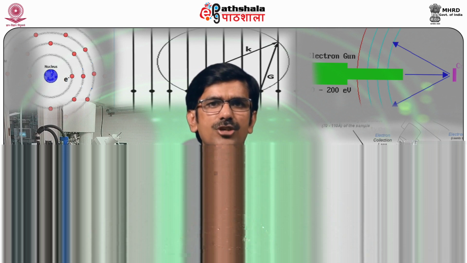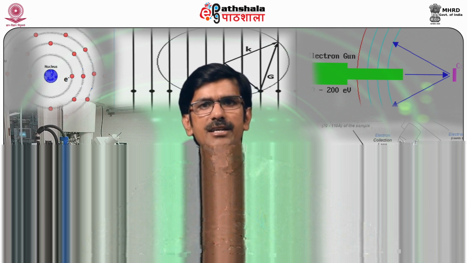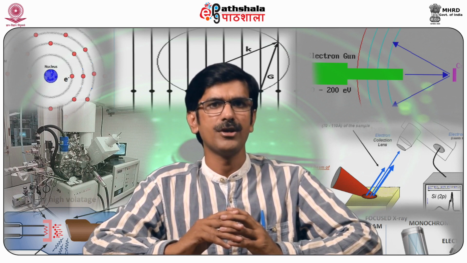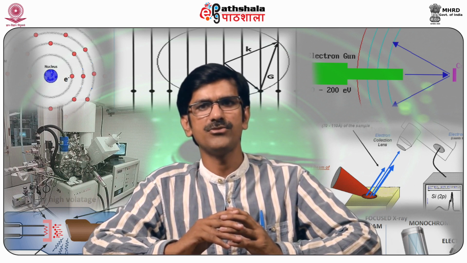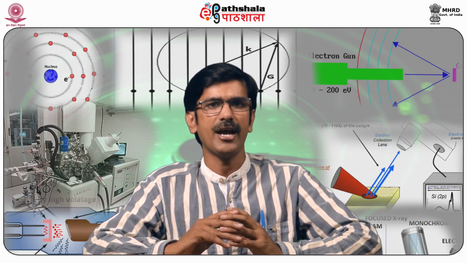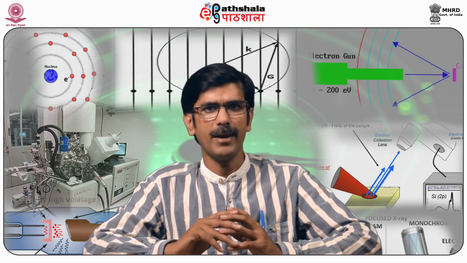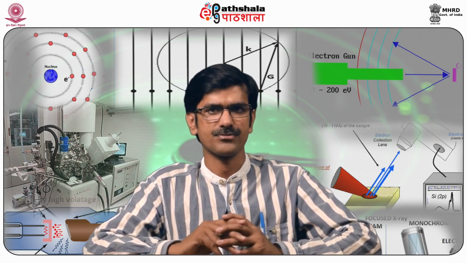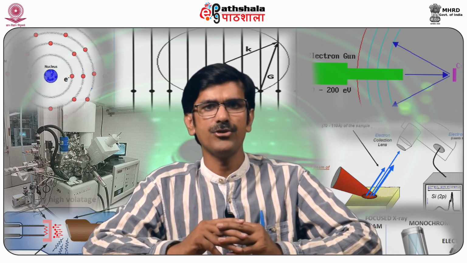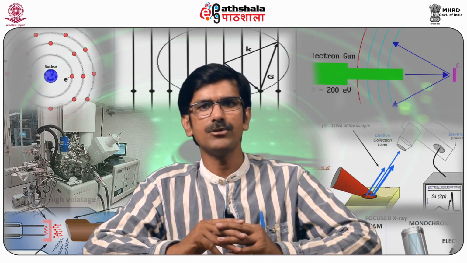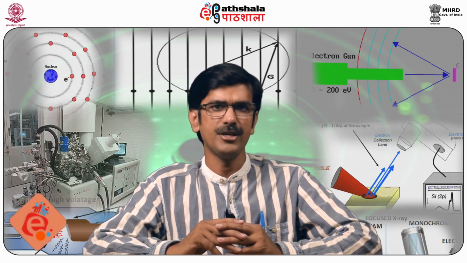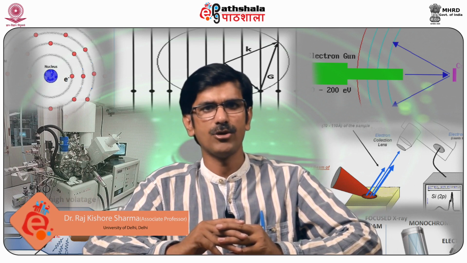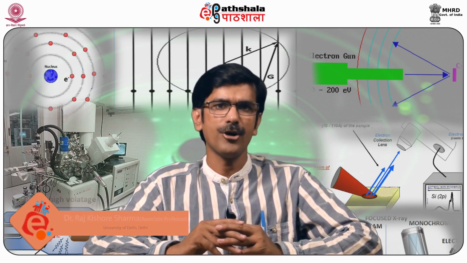H3 hysteresis isotherm does not exhibit any limiting adsorption at high P upon P naught and is observed in materials which have non-rigid aggregates of platelet-like particles forming slit-like pores. Type H4 is associated with narrow slit-like pores and observed in particles having internal voids of irregular shape, basically broad pore size distribution.